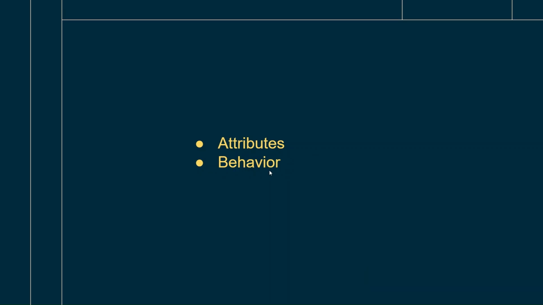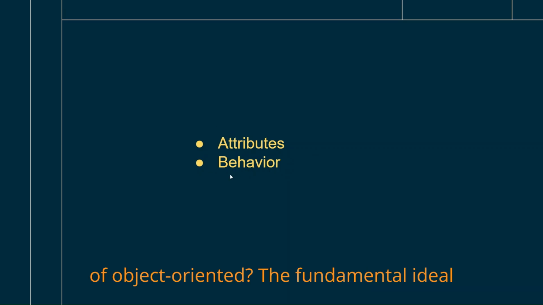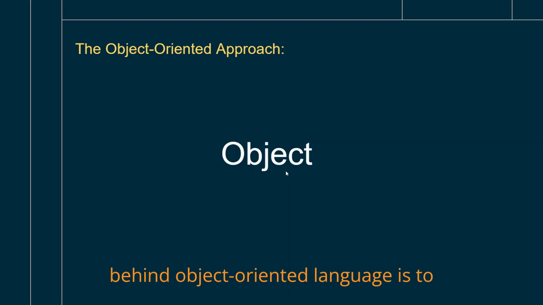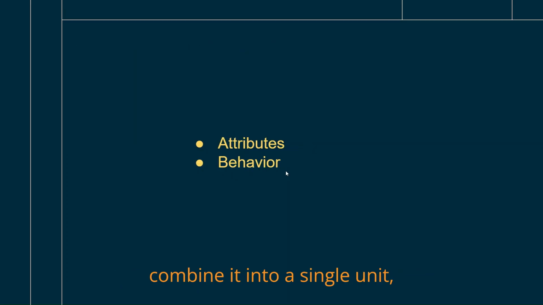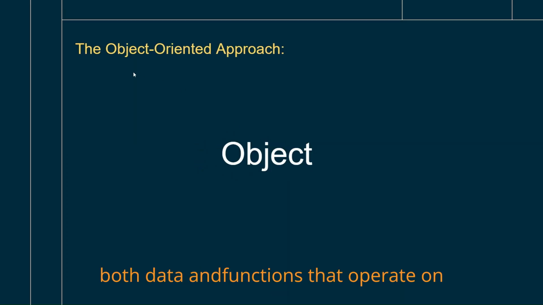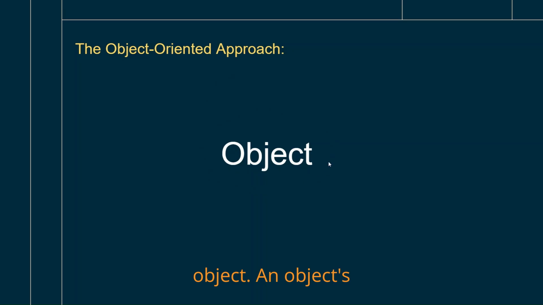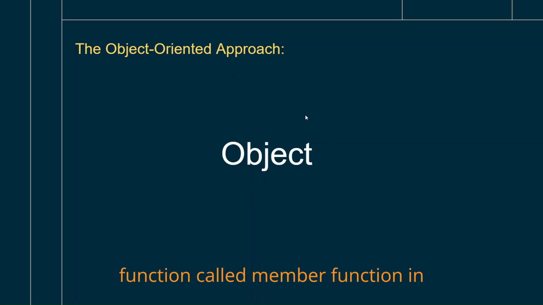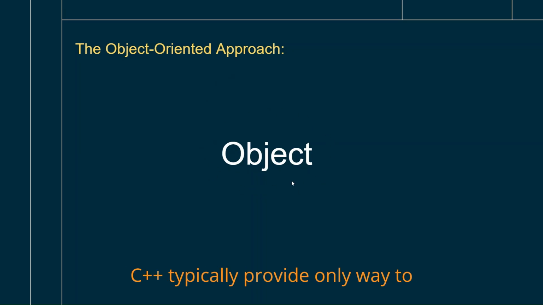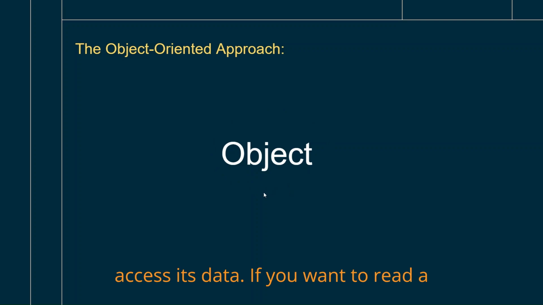Now, what is the approach of object-oriented? The fundamental idea behind object-oriented language is to combine both data and functions that operate on that data into a single unit. Such a unit is called an object. An object's functions, called member functions in C++, typically provide the only way to access its data.